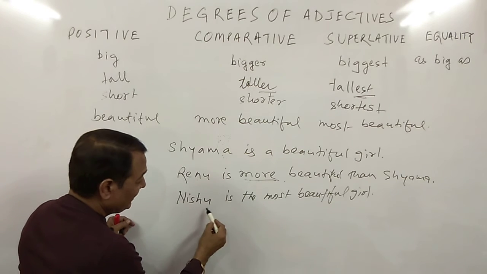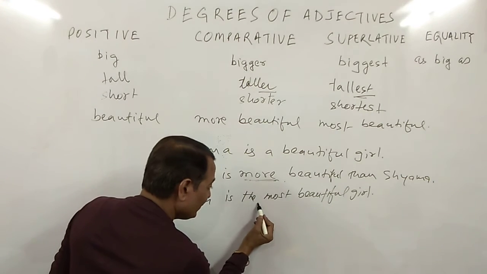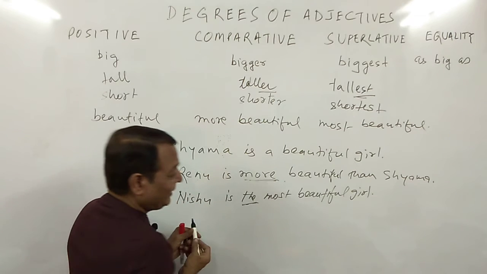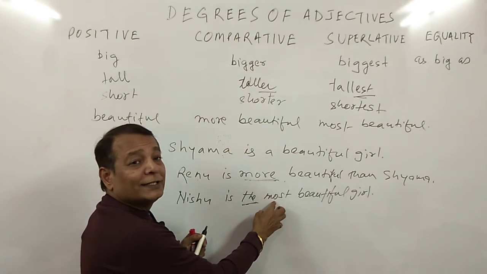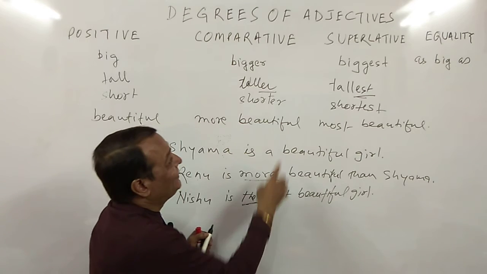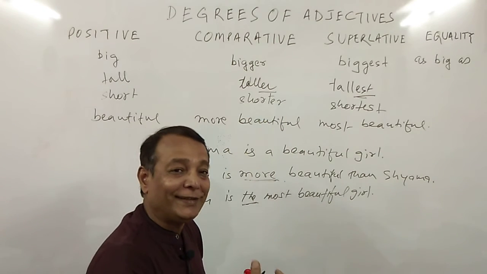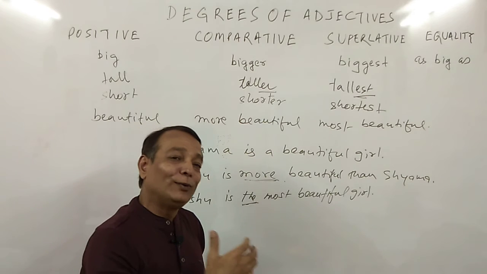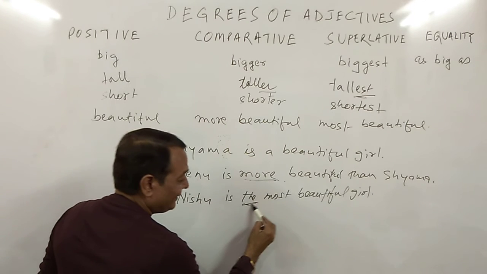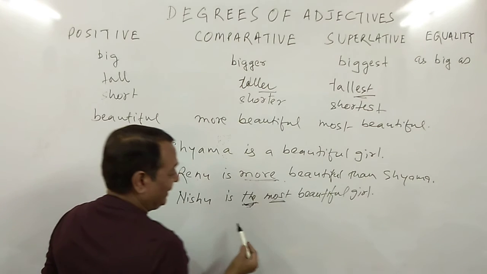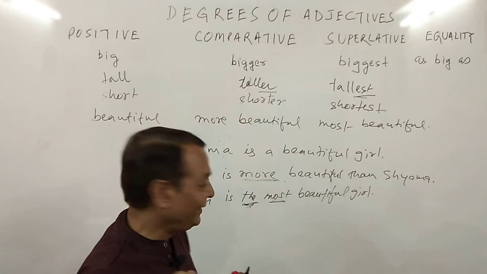The last one is Nishu is the most beautiful girl. Here I am also using the, this is the learning point. We usually use the with superlative degree: the biggest, the tallest, the shortest, the fattest, the hottest, the coolest, the coldest. Keep in mind we are using the with superlative degree, and then the sentence is going to be correct. Otherwise there will be a grammatical error.